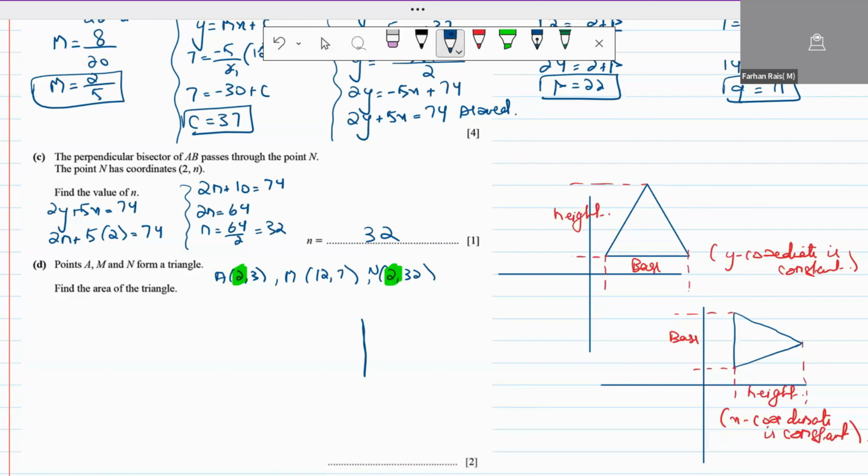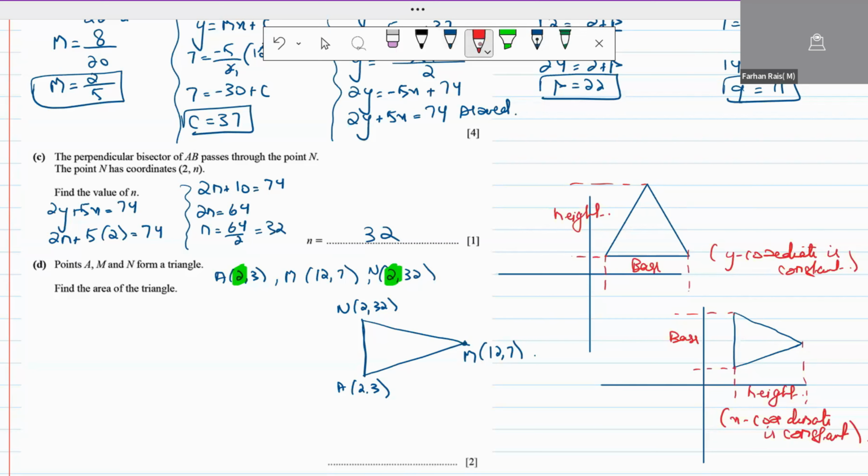So somewhat like this, you'd have the triangle. You have one point as 2, 3. So this is A, 2, 3. This is N, 2, 32. And this is point M, which is 12, 7. It's a rough sketch, so you don't need to scale it.